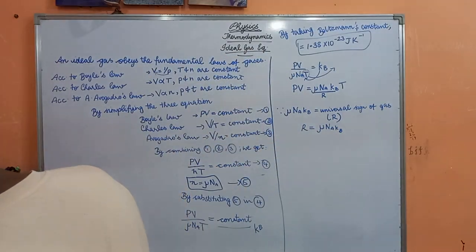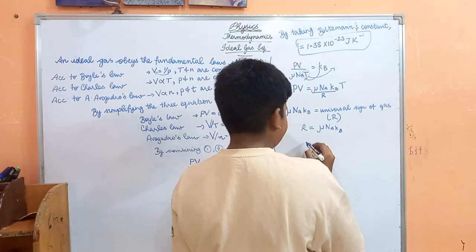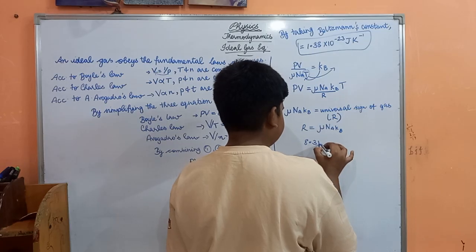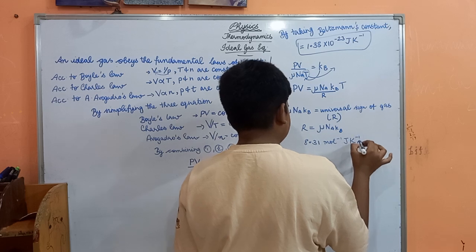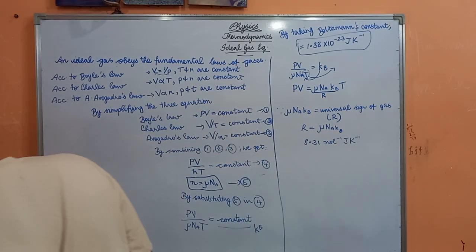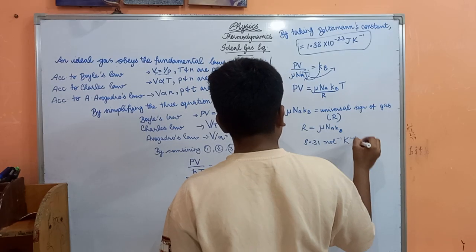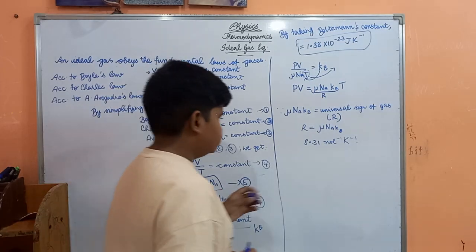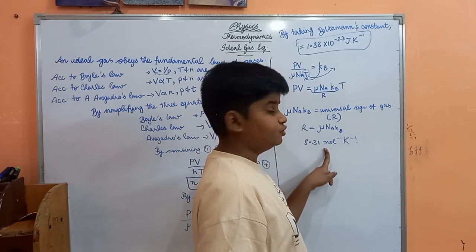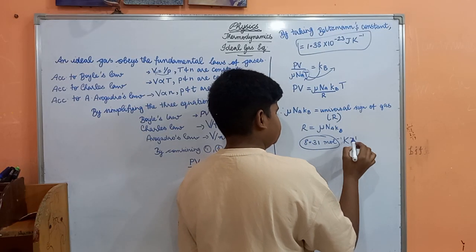Now what it says is that I had to find the value of R, so it's just simple. 8.31 joules per mole per K. So from this we can say that moles, so we can say that this is constant and this by RT.